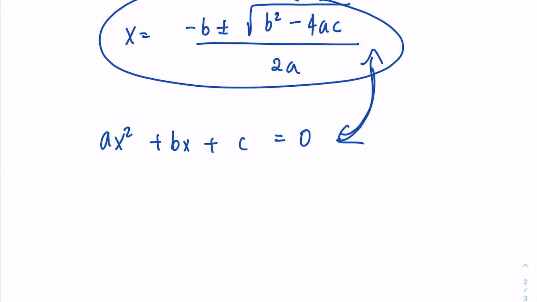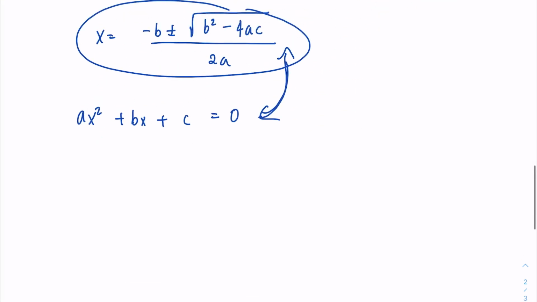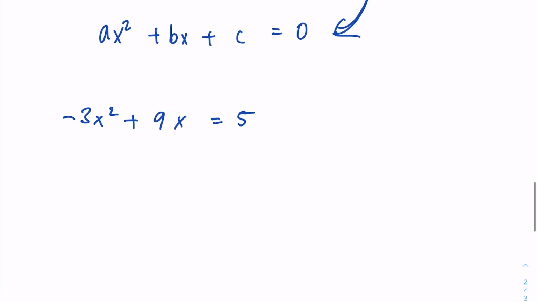Now, I'll be going through the formula with two examples. Let's say you have minus 3x squared plus 9x equals to 5. You have to compare with this formula here.